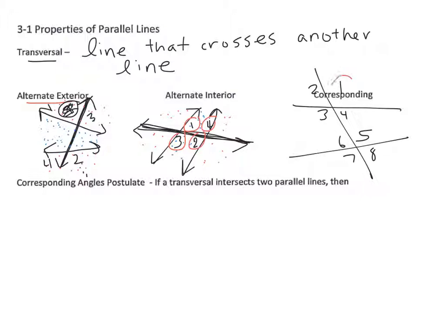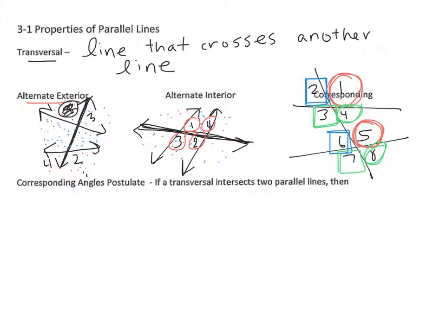So if this is in the upper right hand side, the red one, the 5 corresponds to it. 2 is on the upper left hand side, 6 corresponds with it. And if I change colors, 4 corresponds with 8, because 4 and 8 are on the lower right hand side, and 3 corresponds with 7.